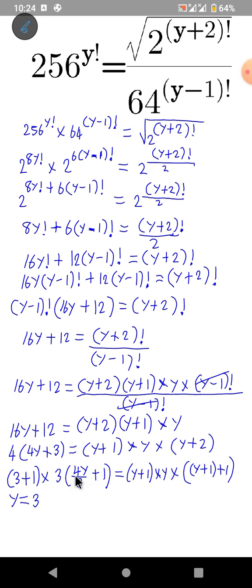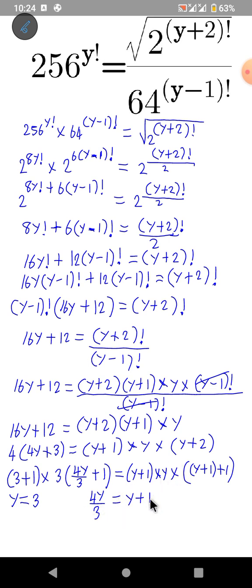Then if I compare again this 4y all over 3 plus 1 and y plus 1 plus 1, we get y equal to 3. So let's just try this now. We say 4y over 3 now equal to y plus 1. I just want to try this to see if I'll get 3 as my answer.